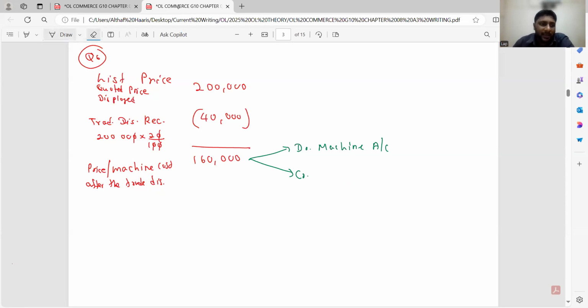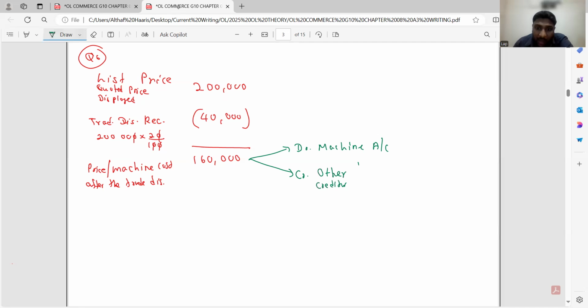the word other. Other creditor, if not other payable. Use the word other. If not, you can use machine payable account also. So use one of these words.